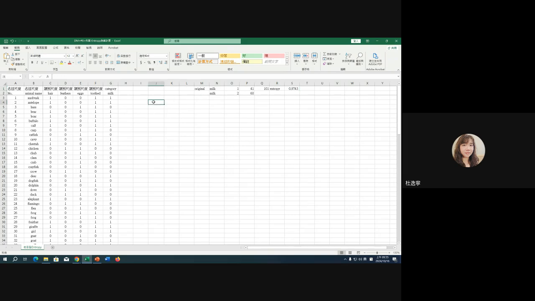So here, also as we demonstrate, this is milk 1 and 0. And this is hair, right? Hair 1 and 0. So we get the matrix here, just to make it more clear.